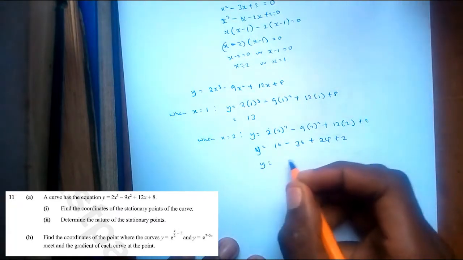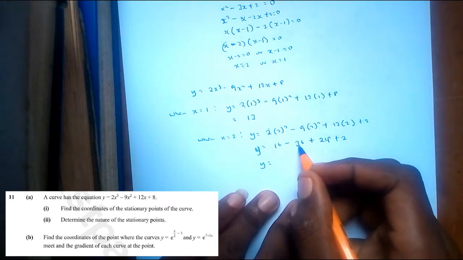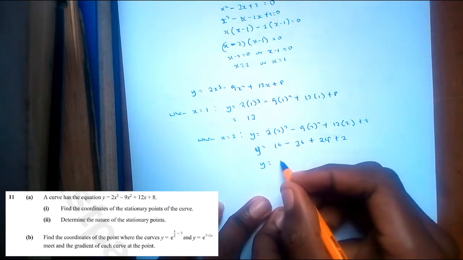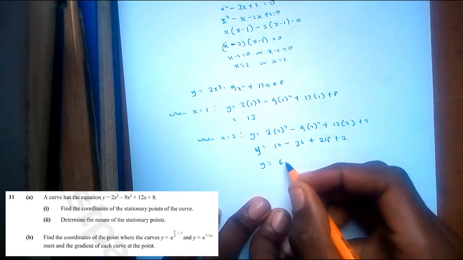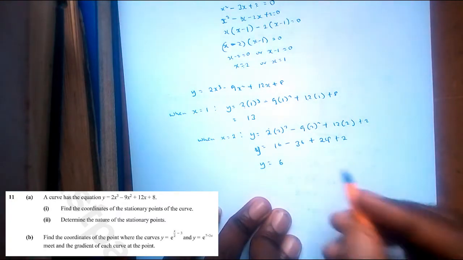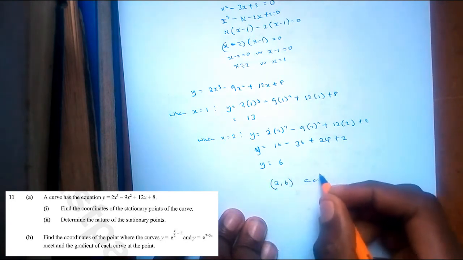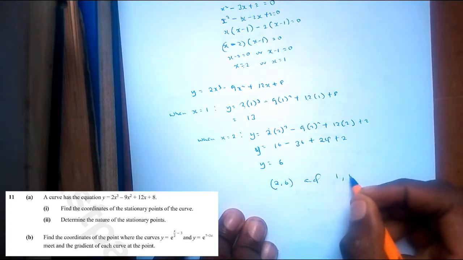So 16 minus 36 is negative 20, plus 24 is 4, plus 2 is 6. So the points are 2,6 and 1,13.